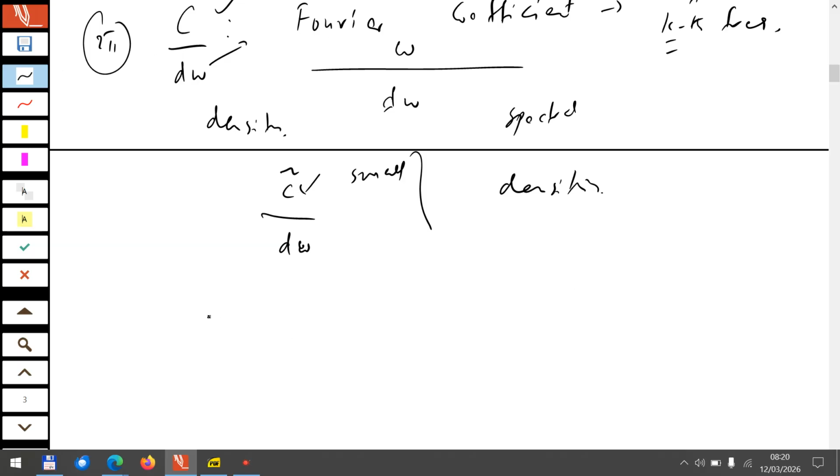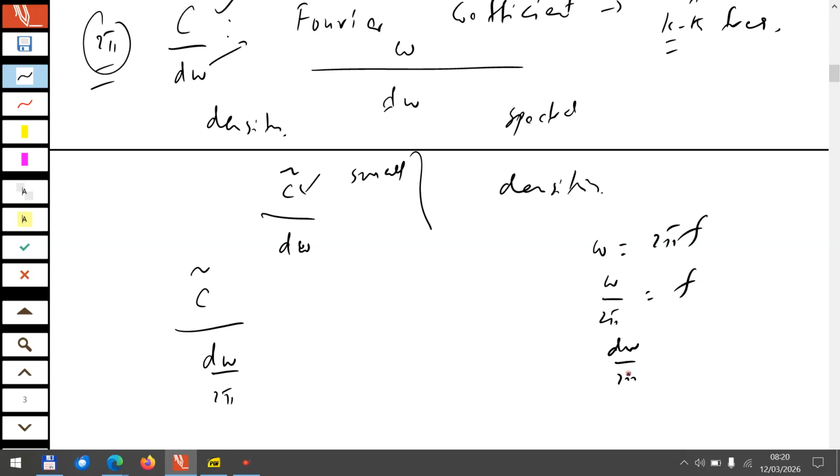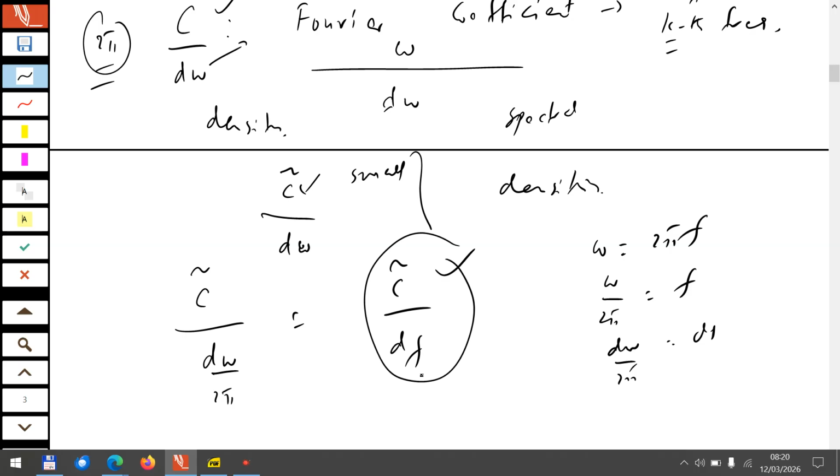If I start with something with a tilde, and instead of d omega with the 2 pi, I bring this 2 pi in the denominator. Because omega is 2 pi f, the cyclic frequency, omega by 2 pi will be f, and d omega by 2 pi will be df. So you can even think of it as spectral coefficients divided by df, the cyclic frequency. So it's really density, coefficients per unit interval of the cyclic frequency.